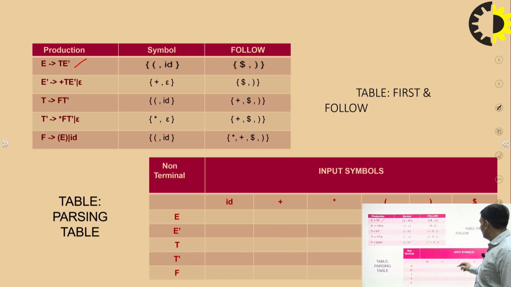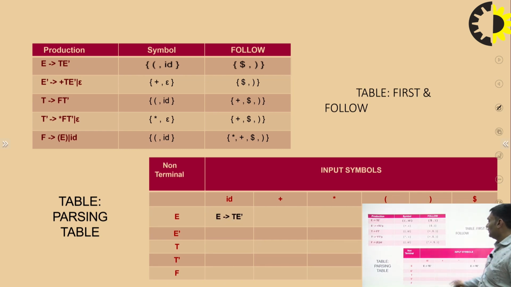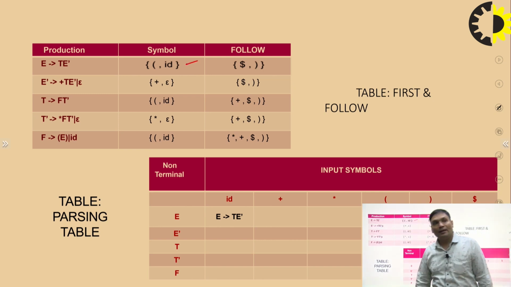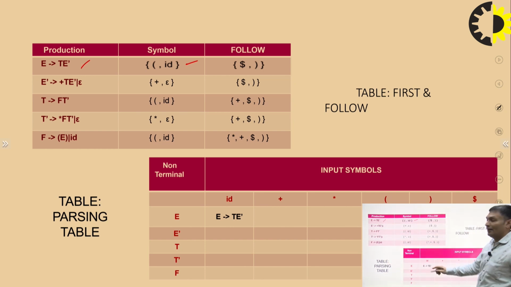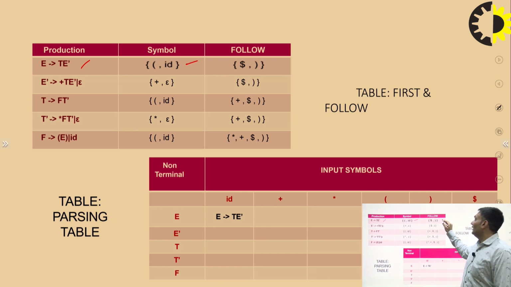at the open bracket and ID. So we will see the first entry and we will put this rule in the particular cell of this table. Now, if there is no epsilon, then we don't need to see this follow entry.